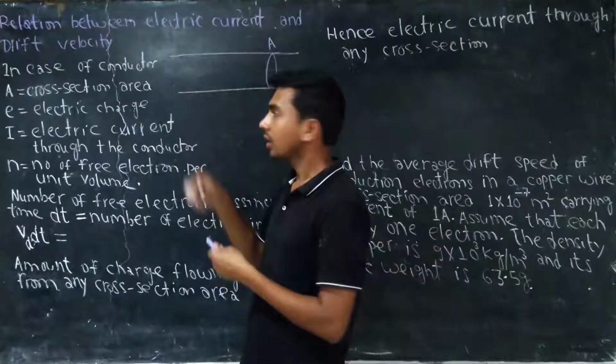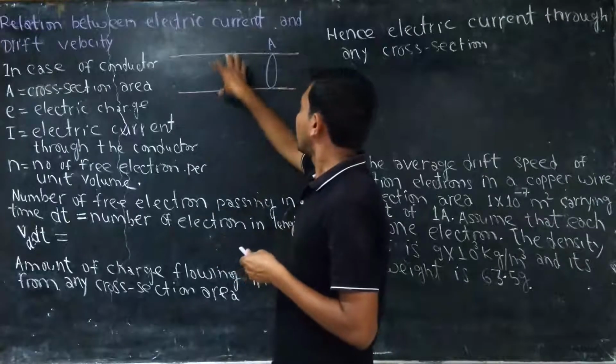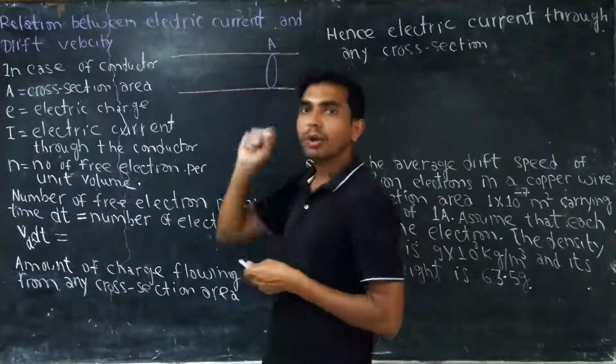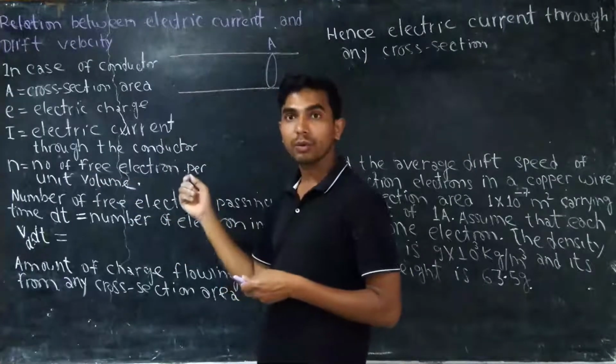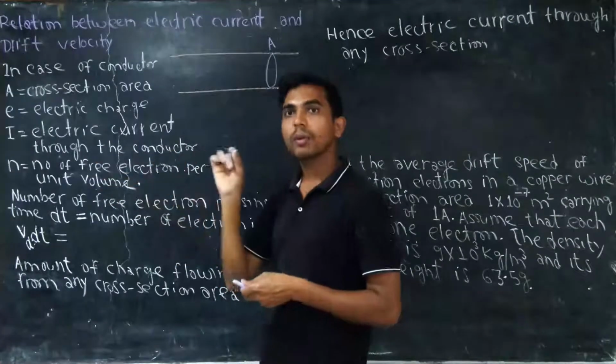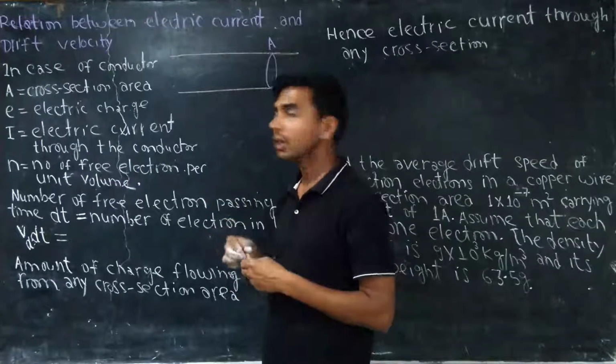This conductor has n number of electrons per unit volume, so here n is the number of electrons per unit volume.